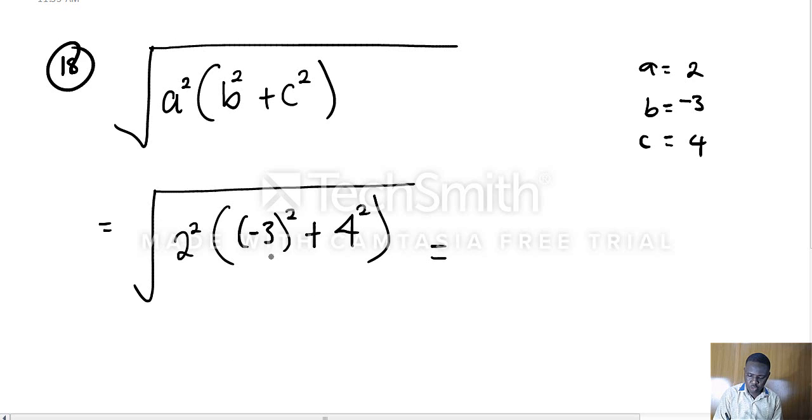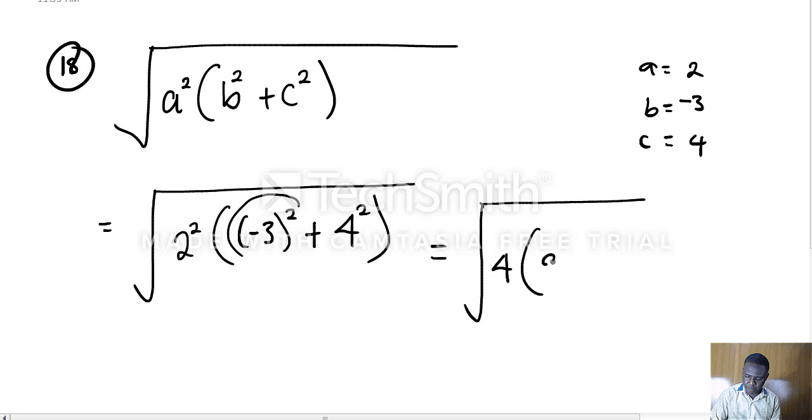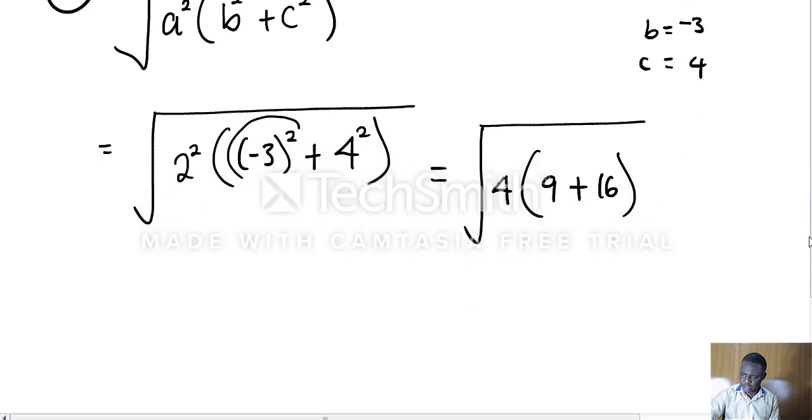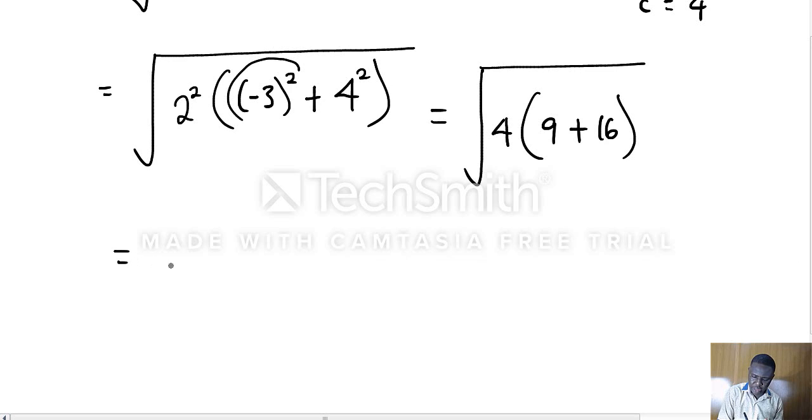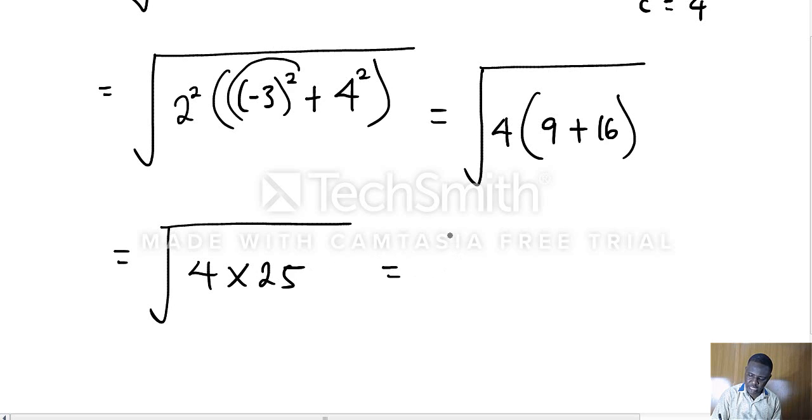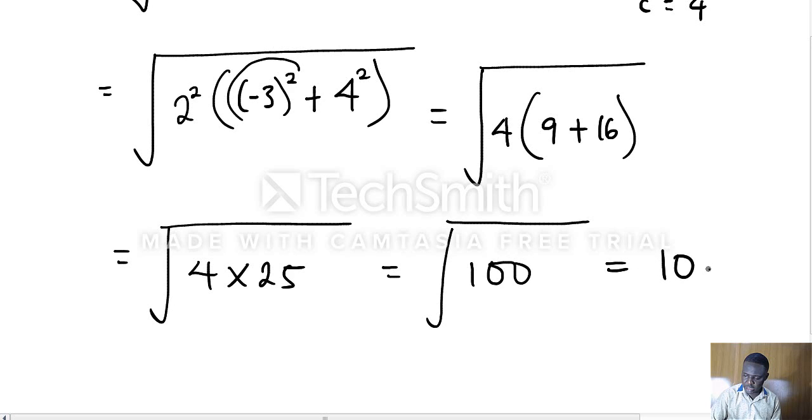And we will simplify starting with the inner bracket, and this is equal to square root of 4 into bracket, minus 3 squared is 9 plus 4 squared is 16, leaving us with square root of 4 times 25, and 4 times 25 can be said to be 100, of which square root of 100 is said to be 10.